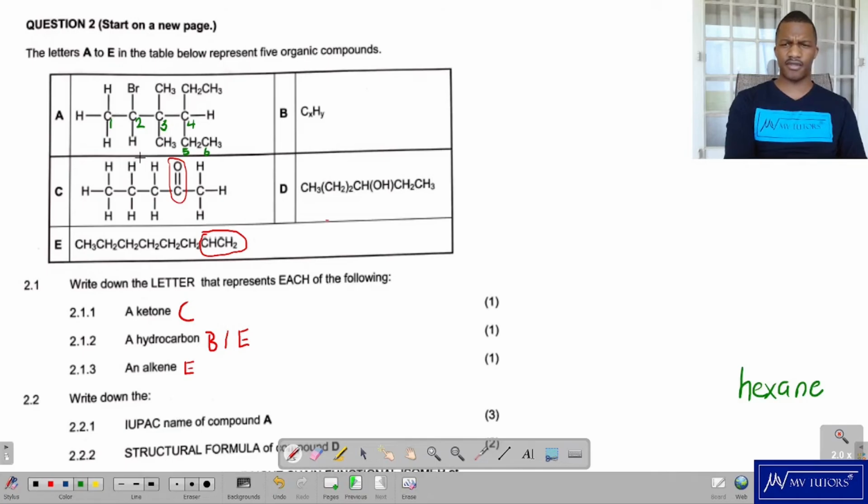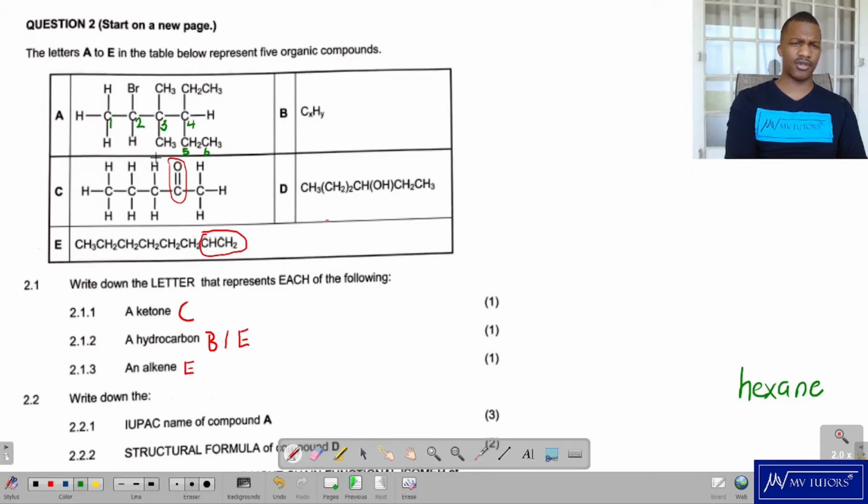Now if you look closely, on number 2 we've got a bromo, and on number 3 we have one carbon, so that makes it a methyl. We've got 2 of them here and here, those are methyls. And then here we've got 2 carbons, so that makes it ethyl.